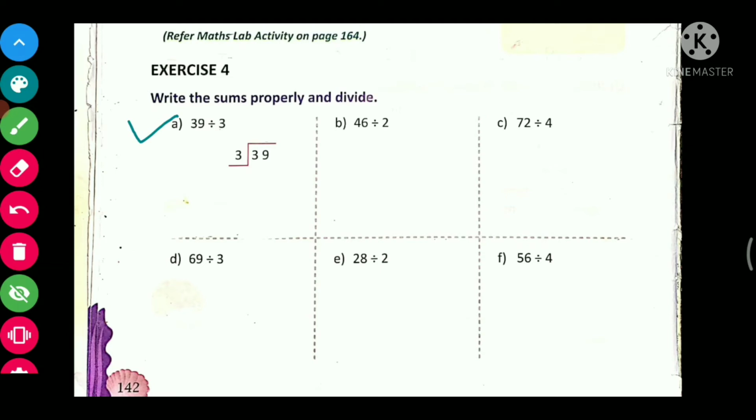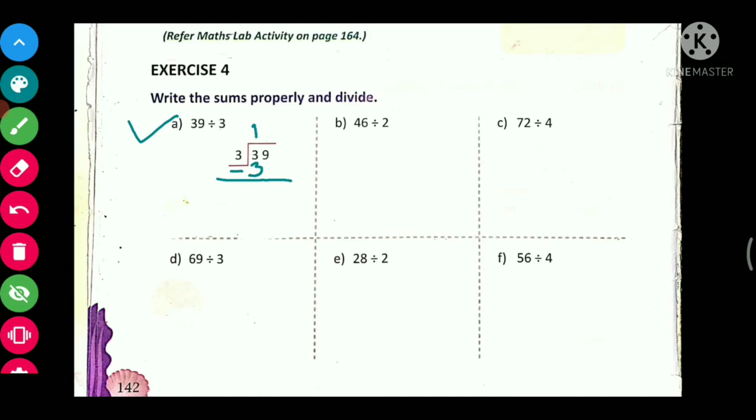We'll see the tens place value. 3 is there. Now we'll check the multiplication table of the divisor, that is the 3 table, and see if 3 is there or not. 3 ones are 3, we know this one, so we'll write 1 here and below it we'll write 3.